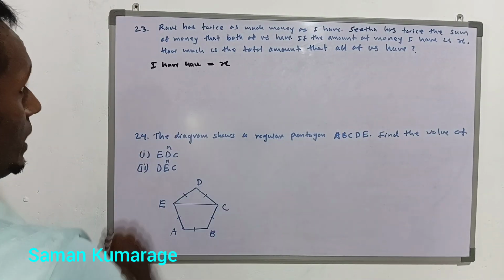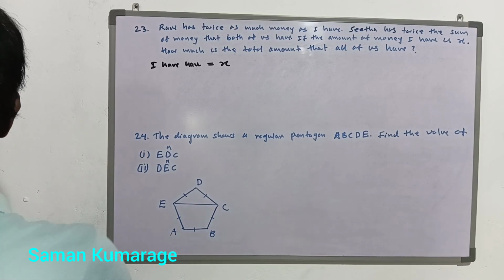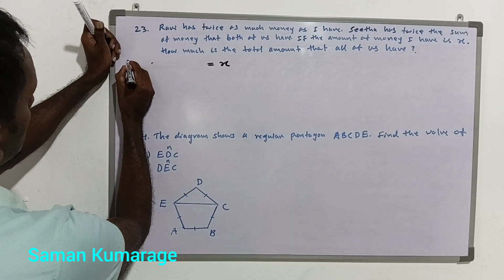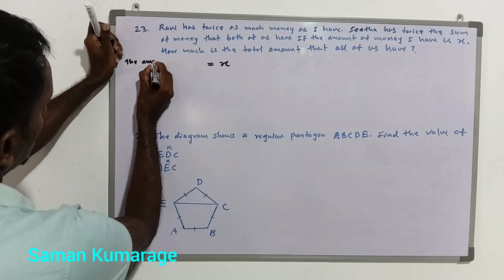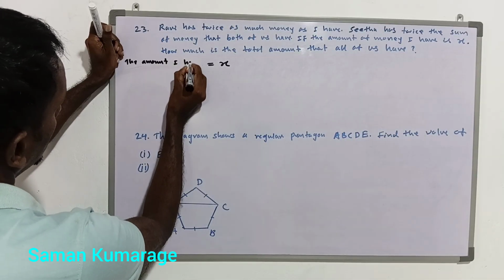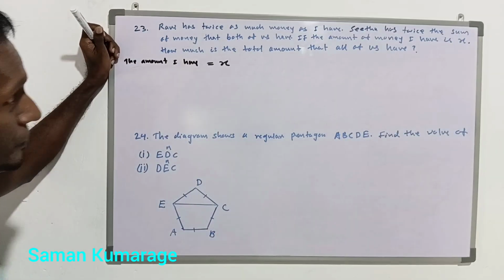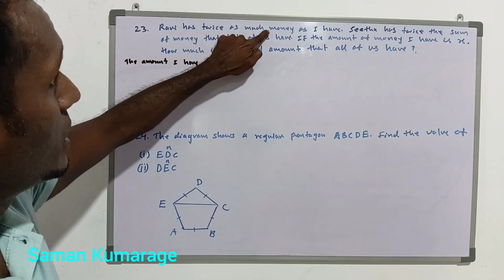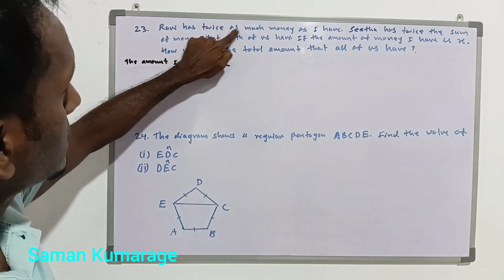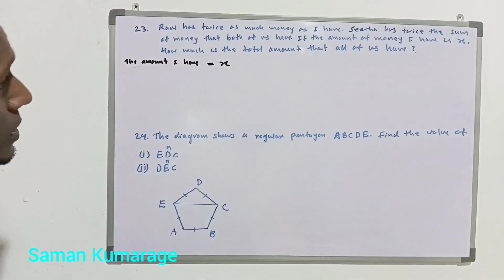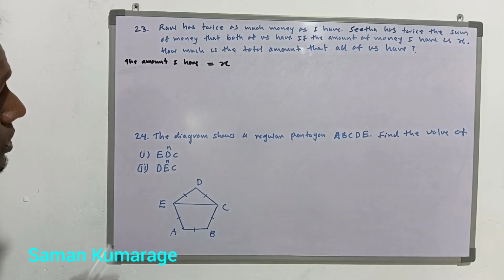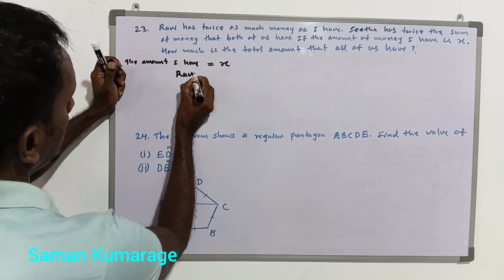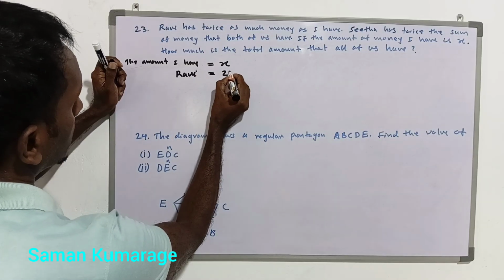So better to write the amount I have is X. Then it says Ravi has twice as much money as I have. So how much does Ravi have? Twice the money I have. Ravi equals 2x.